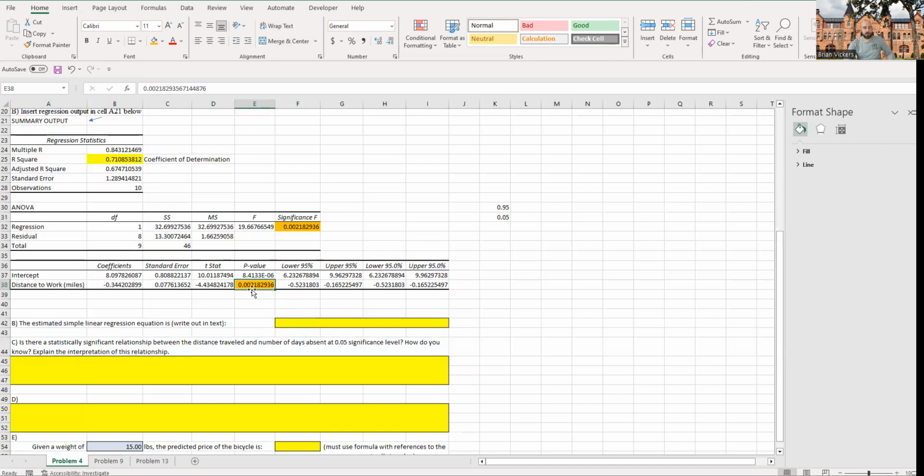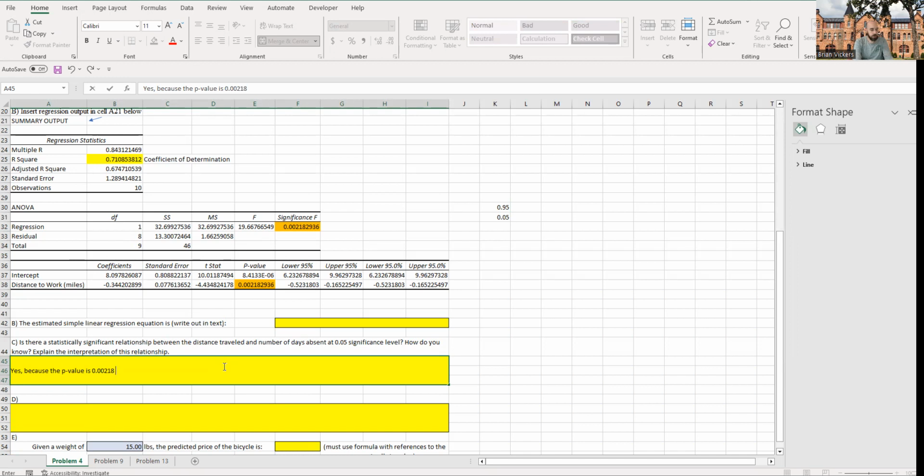How do you know? Because the p-value is 0.00218. And so it is lower than that, so I would say something like, yes, because the p-value is 0.00218, which is less than 0.05.